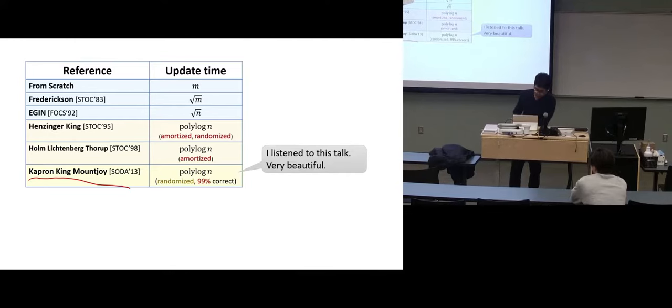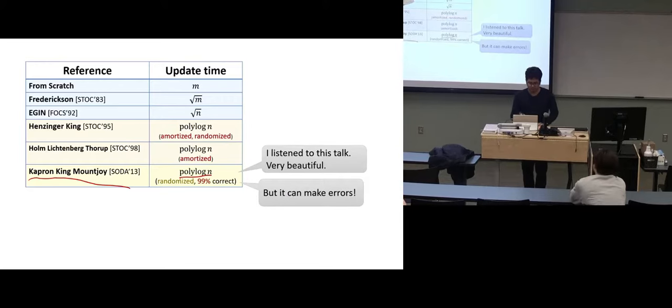People said that they want to remove amortization, and this paper said that you don't need to pay a lot of time for some of the updates. You get really polylog update time for every update now. So that's great. But the catch again is that this algorithm is randomized. It tosses a coin, and more importantly, it can make errors.